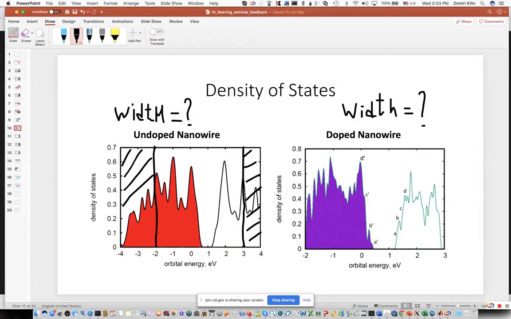If we're comparing these two densities of states, what we notice is that the band gap has significantly increased for the doped nanowire. All right, so that's usually a sign that the material's conductivity or charge transfer has increased. So this is a positive sign that doping has worked.